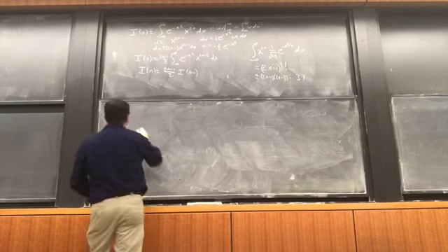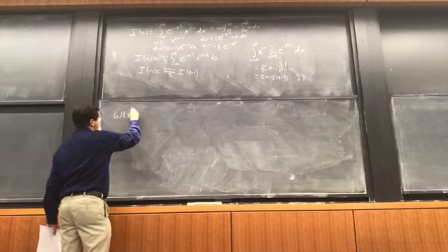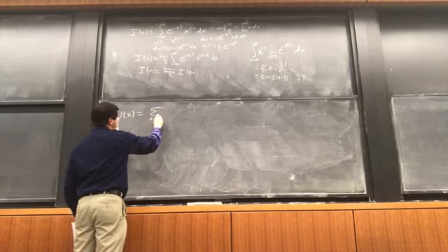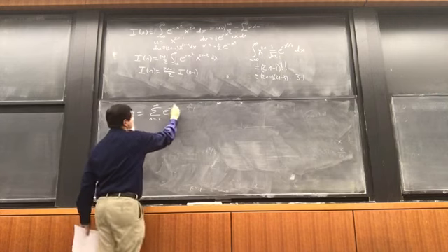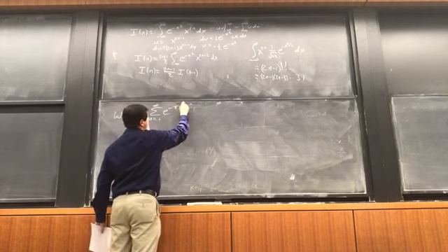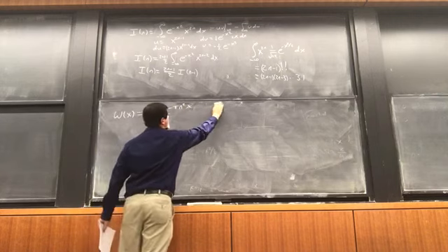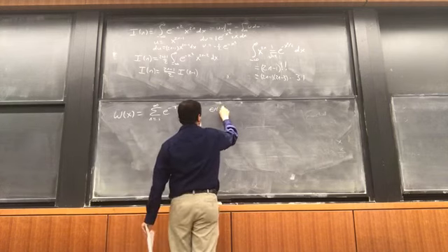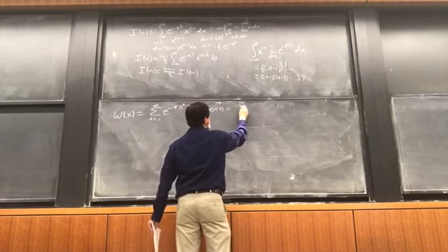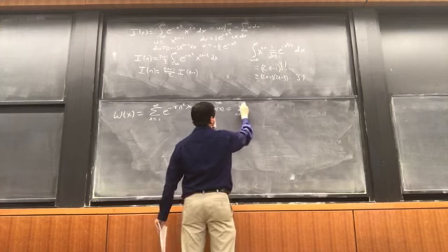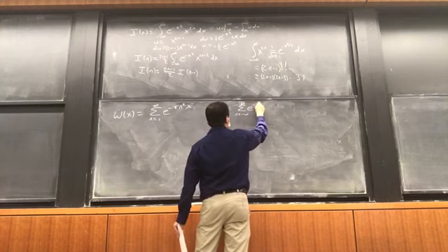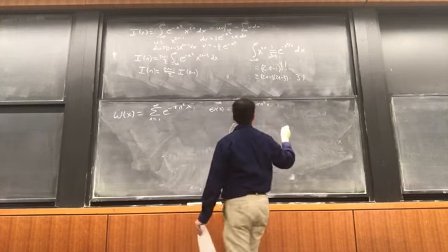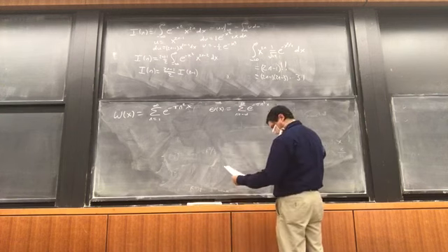So the first is we're going to define two functions. Omega of x is the sum, n goes from 1 to infinity, of e to the negative pi n squared x. And theta of x is the sum, n goes from minus infinity to infinity, of e to the negative pi n squared x.